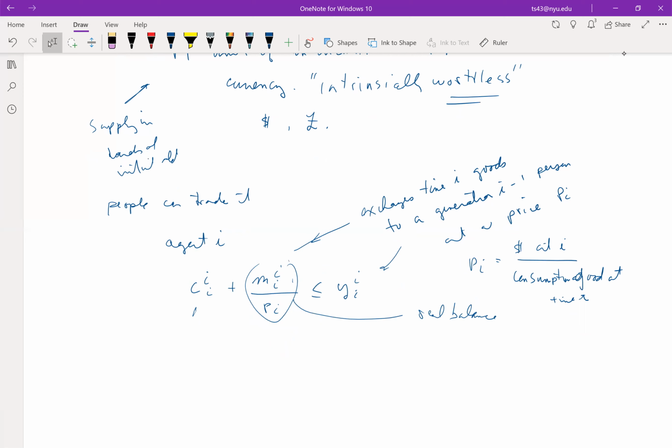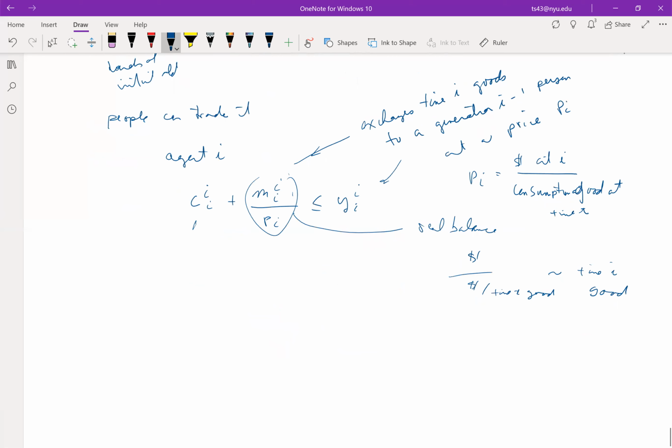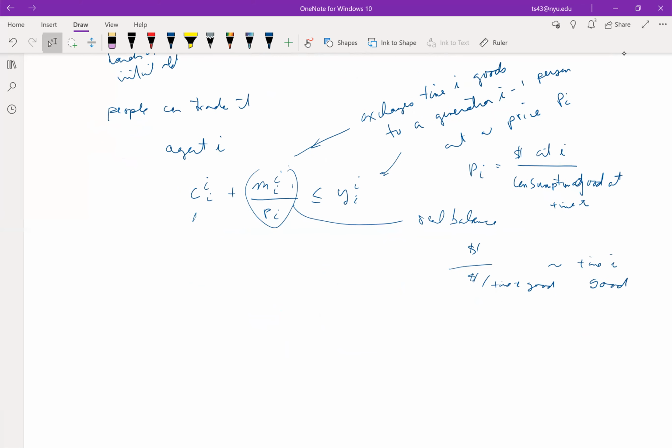If I take dollars and dollars per time I good, the units of this will be time I good. That's the way this works. Okay, that's the budget constraint today when I'm young. And when I'm old, what I get is I sell the money.